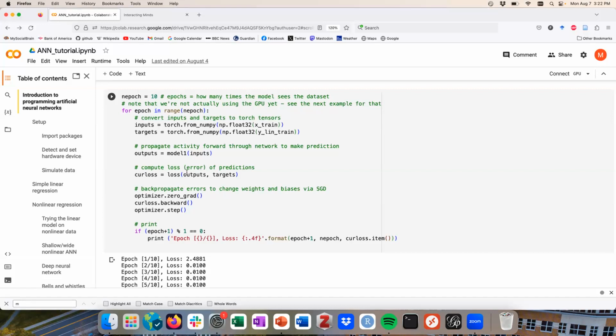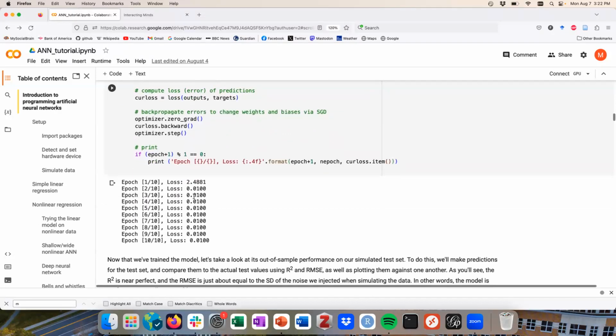And after it does that, you then take the outputs and you compare them to what it should have output, our targets here. That's the actual Y values, and it computes a loss. So this is how wrong it was. And then it uses that to take one step towards optimizing the model. So it's updating the model's weights by that one step on each iteration.